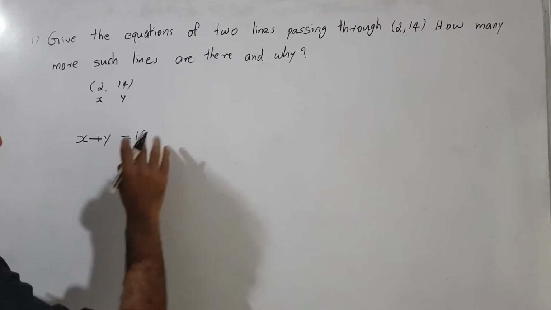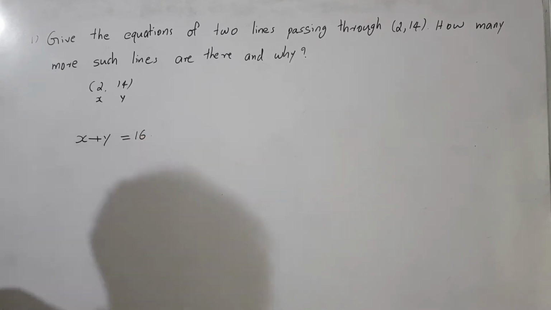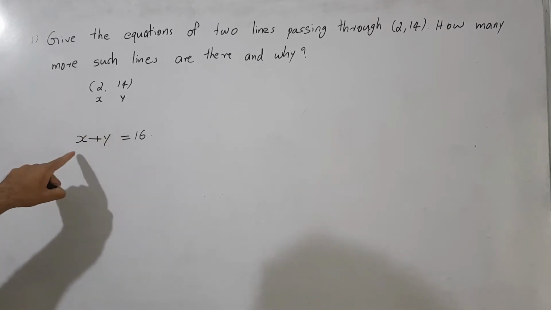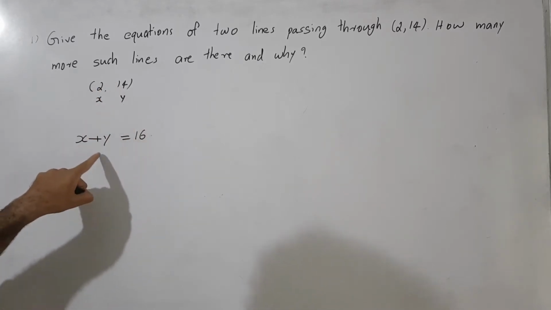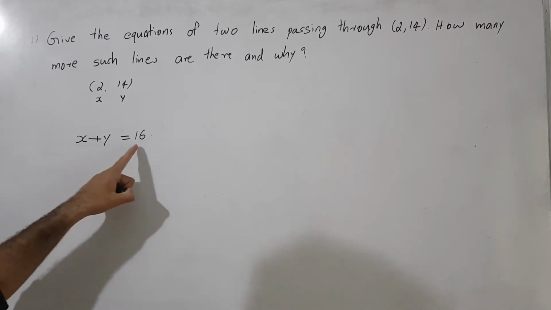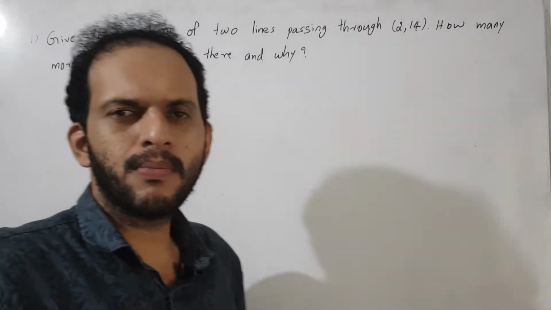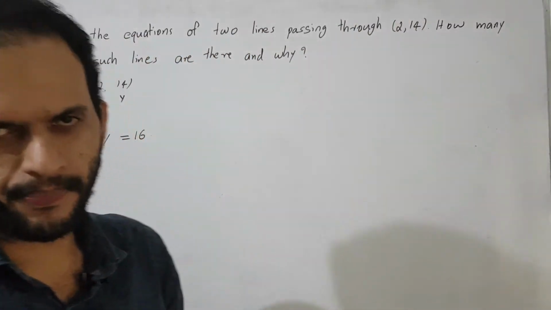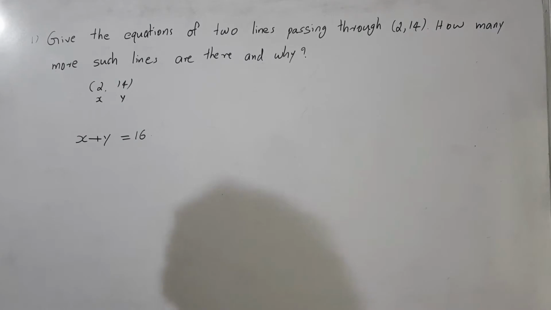That is one equation. If you substitute the value of x as 2 and y as 14, then you get 16, correct? That is, x plus y is equal to 16 is an equation passing through the point (2, 14).